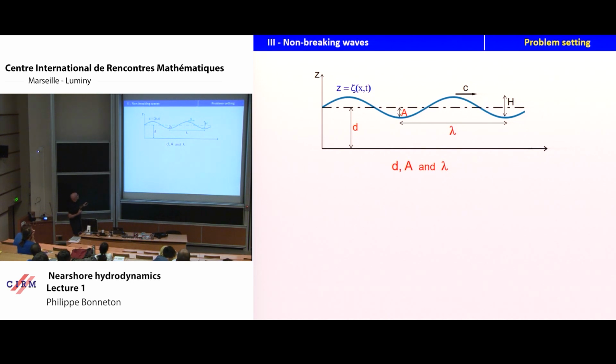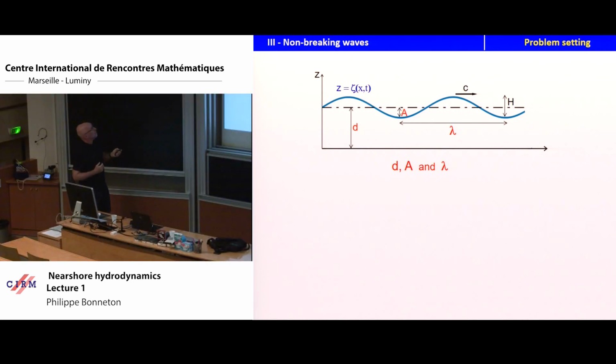Our wave problem is mainly controlled by three characteristic lengths: the water depth, D, the characteristic amplitude, A, and the characteristic wavelength, lambda. Zeta is the surface elevation, so z equals zeta is the parametrization of the free surface.